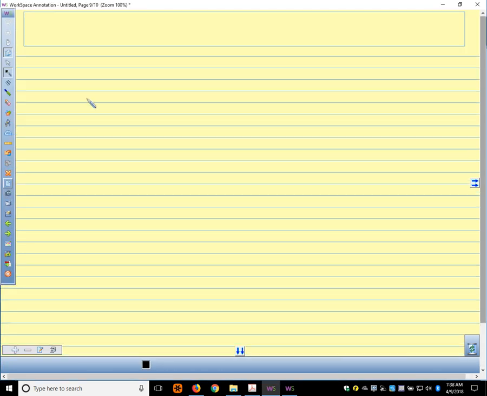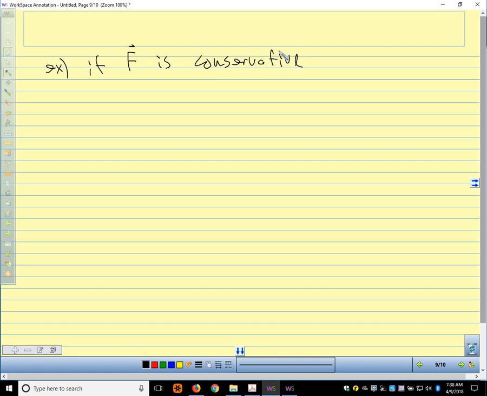All right, so if you have a problem: is f conservative? If so, find a potential function.